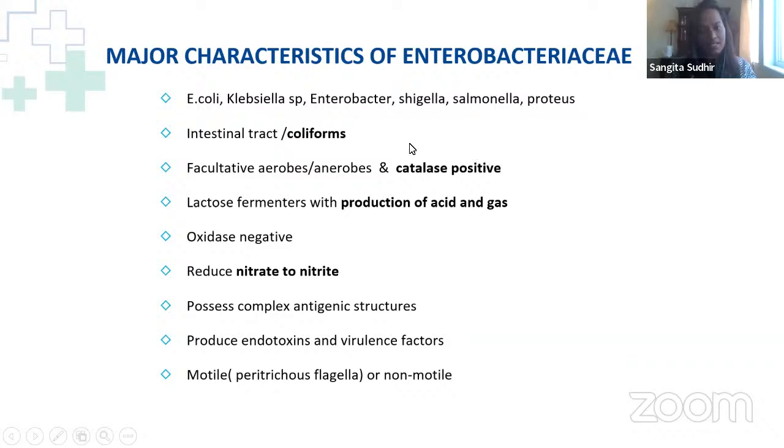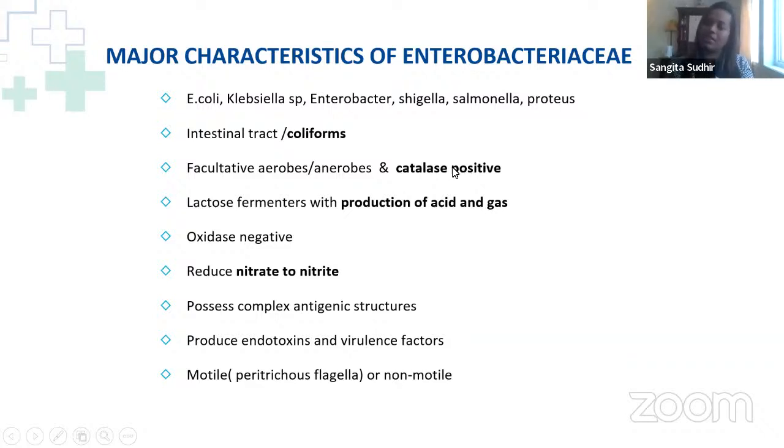Catalase is a self-protection mechanism for the bacteria, protecting them from the hydrogen peroxide released as a metabolic byproduct of oxygen. Whenever this hydrogen peroxide is released, it gets converted to water and oxygen through the catalase enzyme.